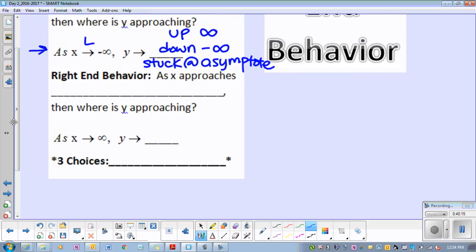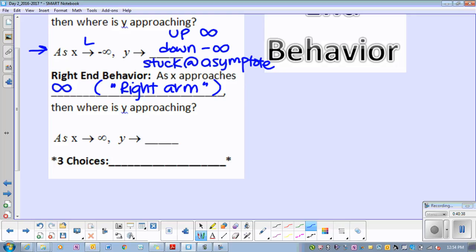All right, so then the right end behavior. It's basically saying as x approaches positive infinity. So now we're talking about the right arm. Okay?